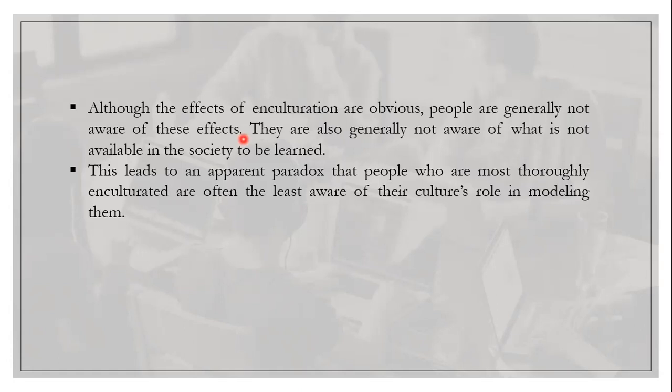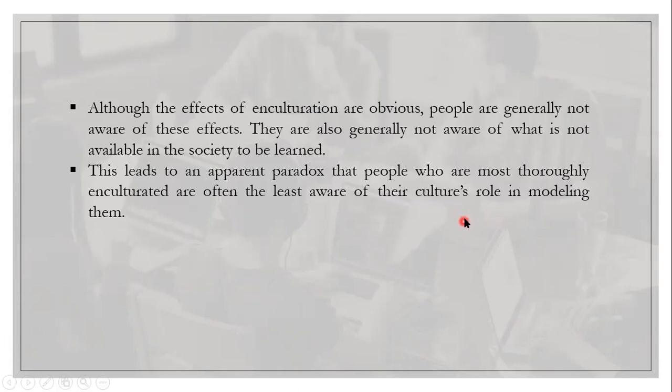This leads to an apparent paradox: people who are most thoroughly enculturated are often least aware of their culture's role in modeling them. They just don't know that there is a culture, that learning happened.